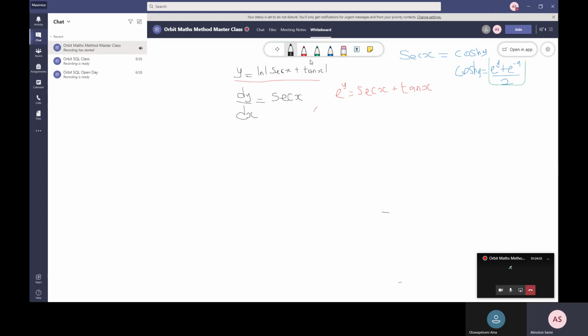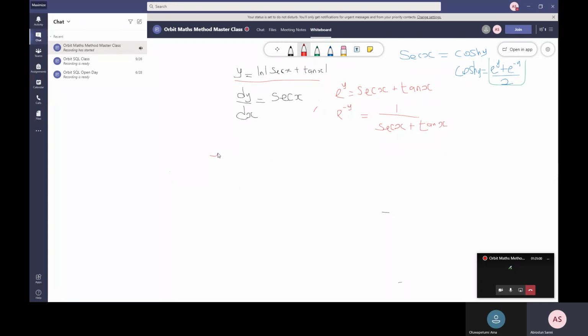If exponential y is this, it means exponential minus y will actually be 1 over sec x plus tan x. I don't really want to go this way, but let's see how it goes.